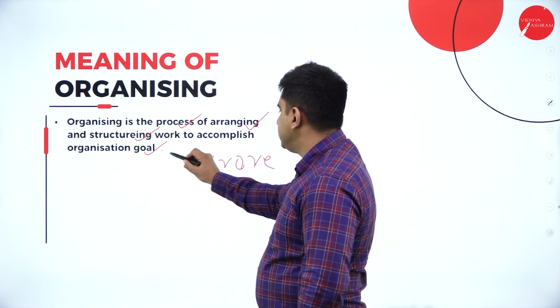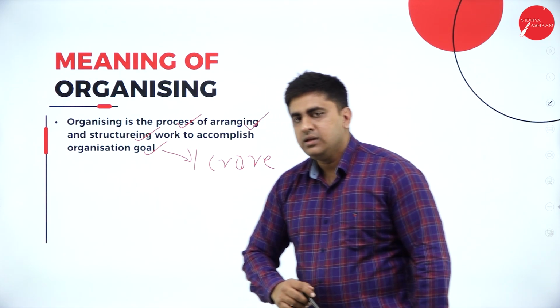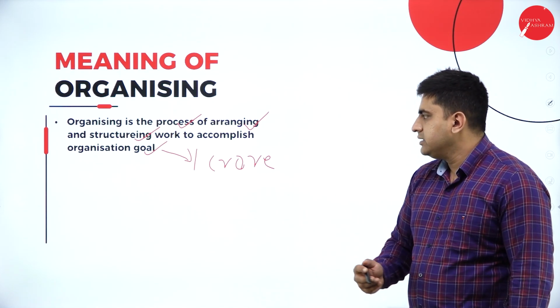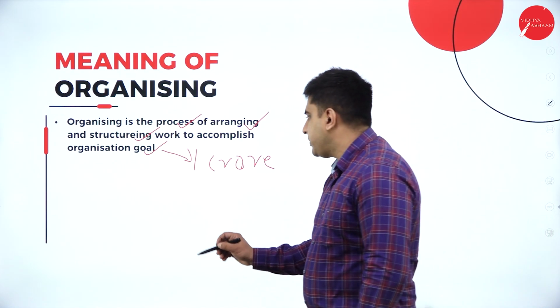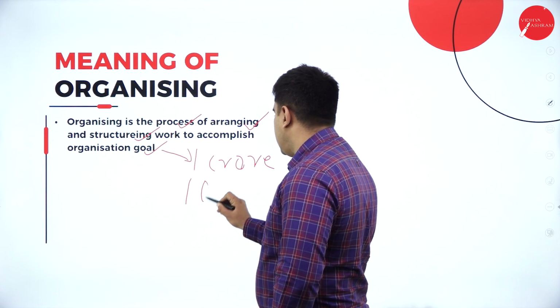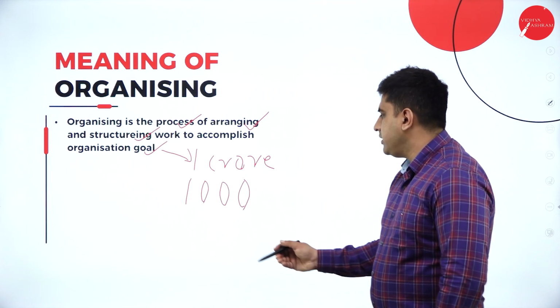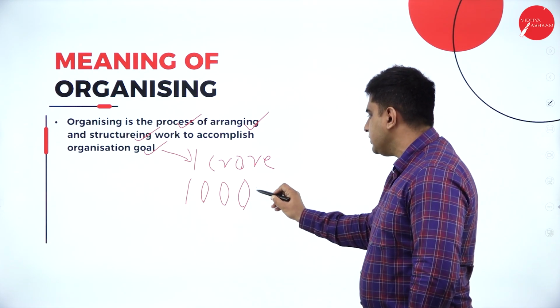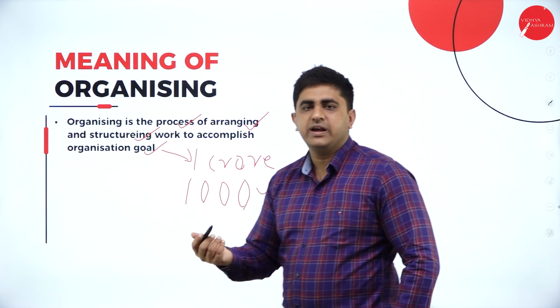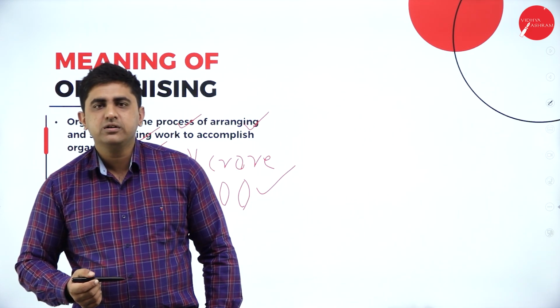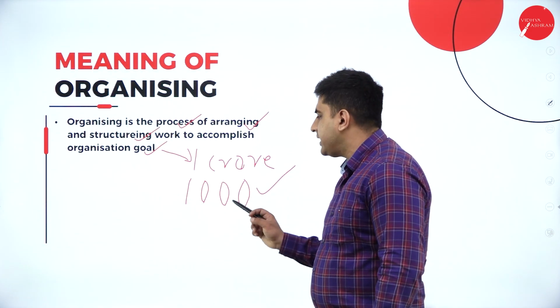To make 1 crore profit, you might have to produce 1000 products and sell these 1000 products. Simply you cannot produce 1000 products. What you have to do? You should plan. Then after planning, you should organize things.